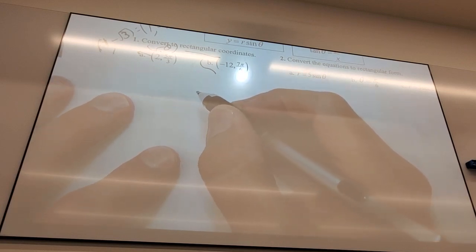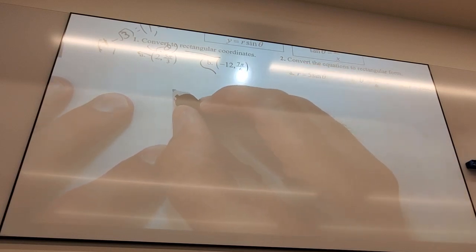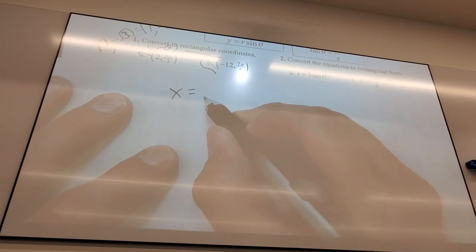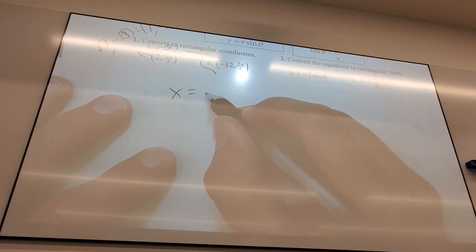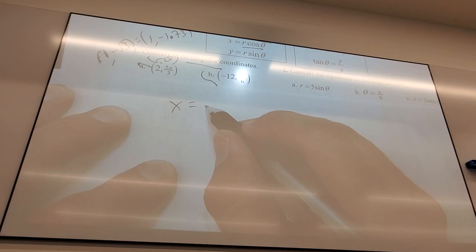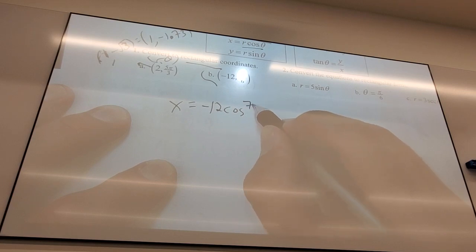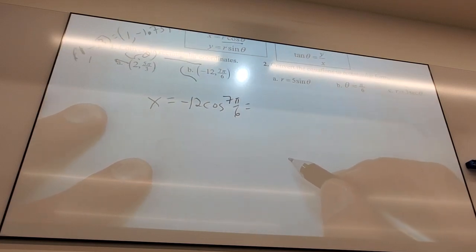So again, this really helps if you know cosine likes x, sine likes y. So how do I set up for x? Negative 12 times cosine of 7 pi over 6. Yep, okay.